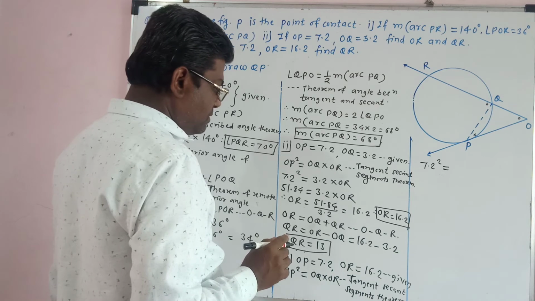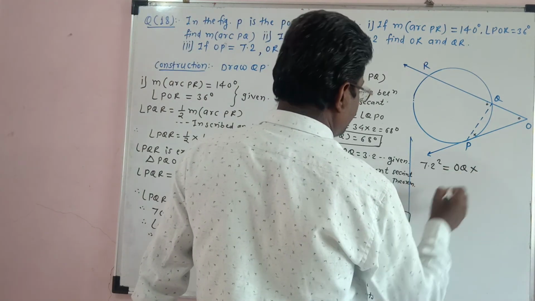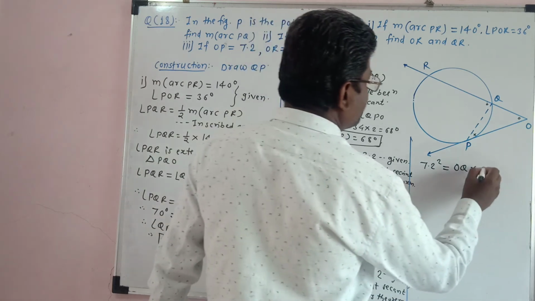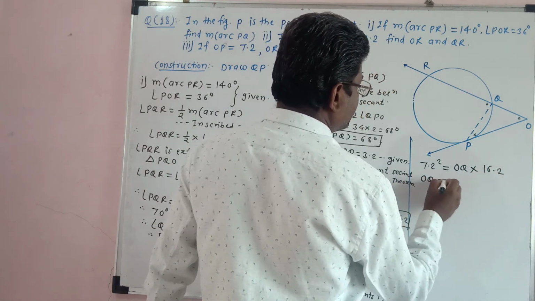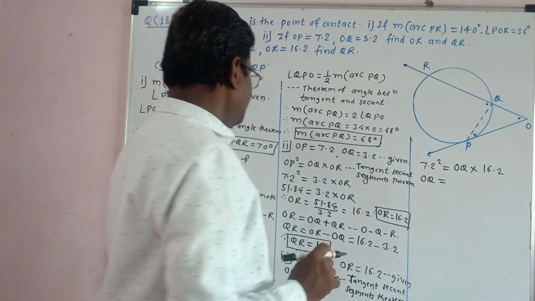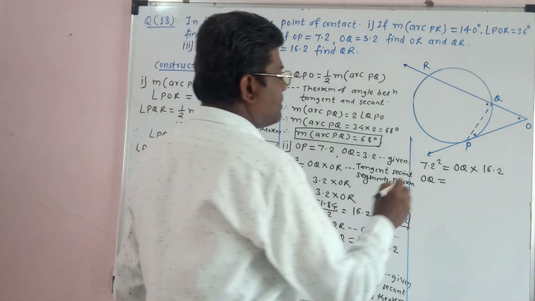Value of OQ is not given, so OQ into OR, 16.2. Therefore OQ is equal to 7.2 square upon 16.2, which is 51.84.